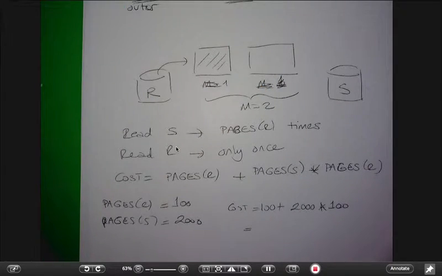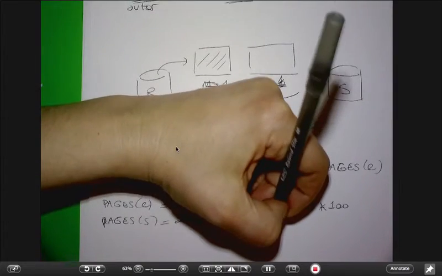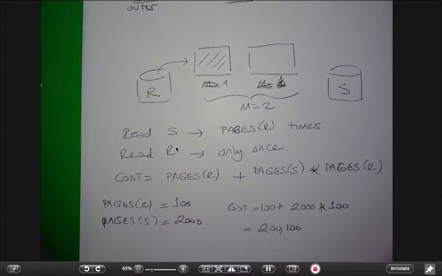So that is 200,100. No, this is 20,000. No, that's right, right?